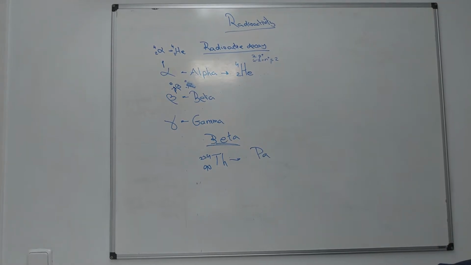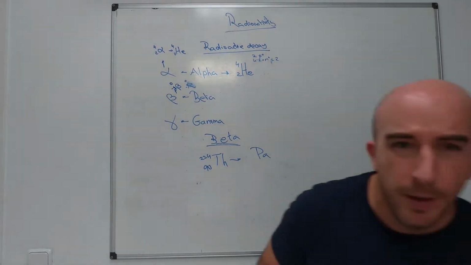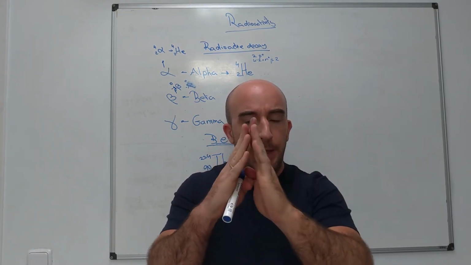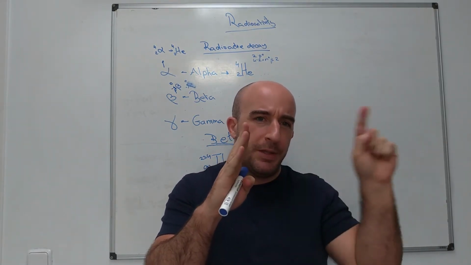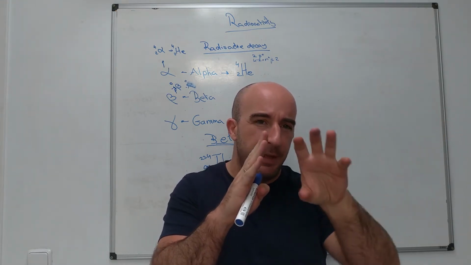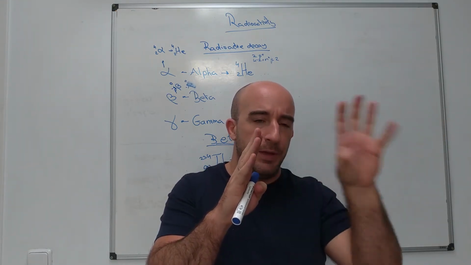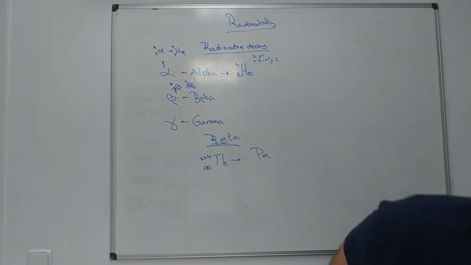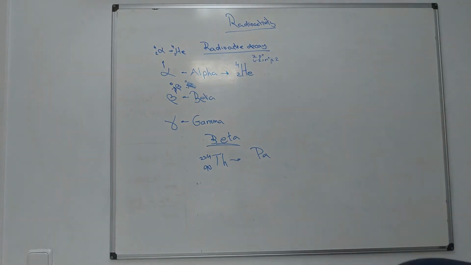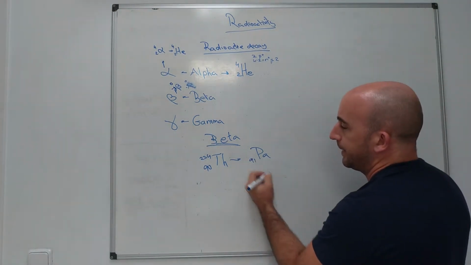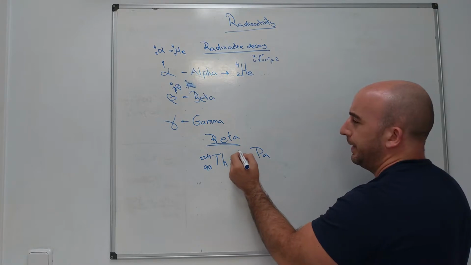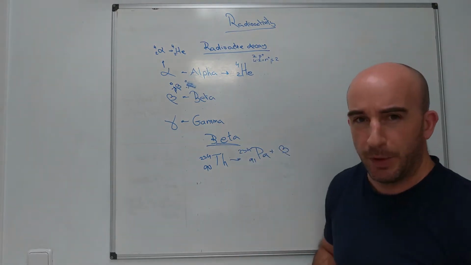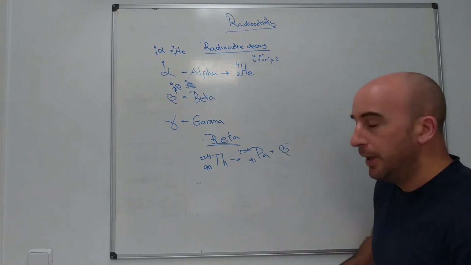So if we look at the periodic table, we've got the uranium here, and 2 places to the left, we saw it was the thorium, and in the middle between the thorium and the uranium, we've got the protactinium, which has 91 as the atomic number, and we will just keep that, and we are going to put here a beta particle. Okay, so what is happening here?